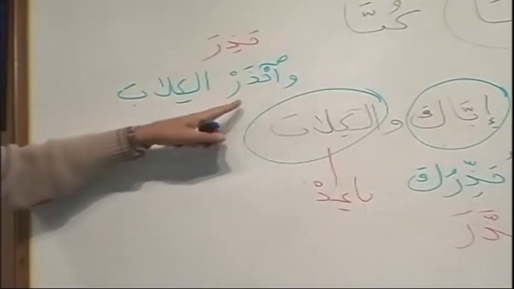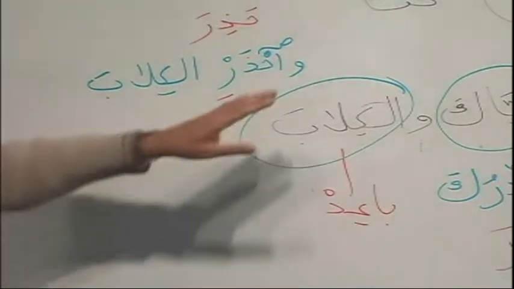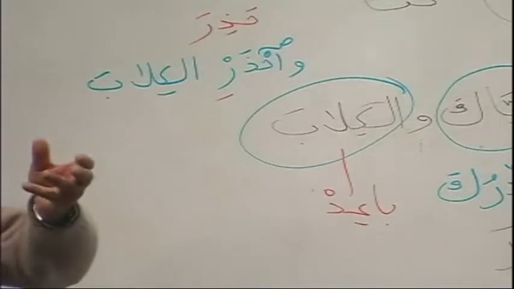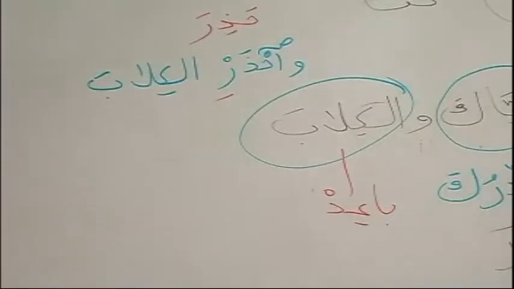Hamzatul Wasal. Wahzir kilab. Means be careful of the dogs. So if you take like that, then both of them are maf'ulun bihi for the verb which is mahzuf.